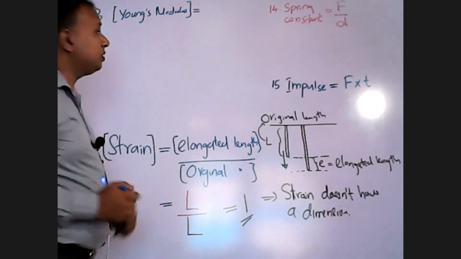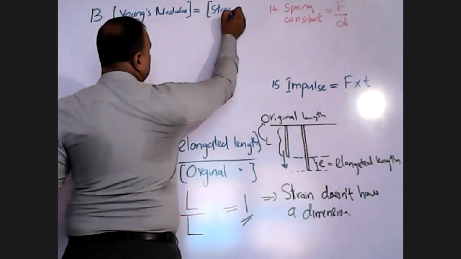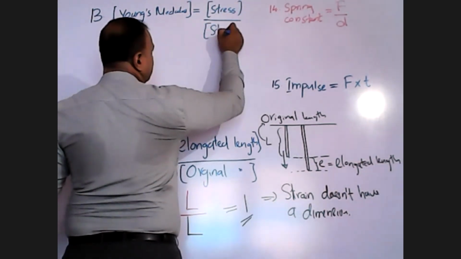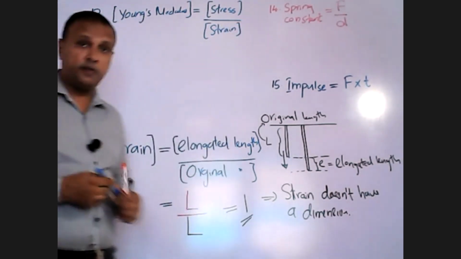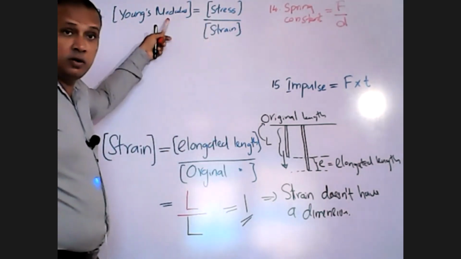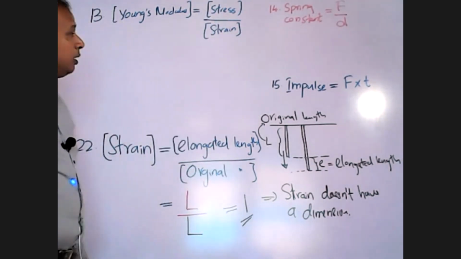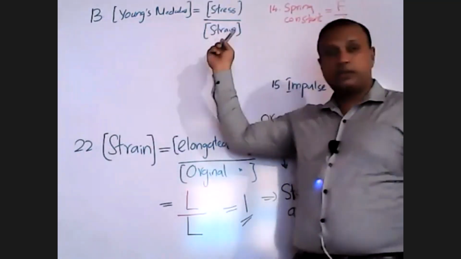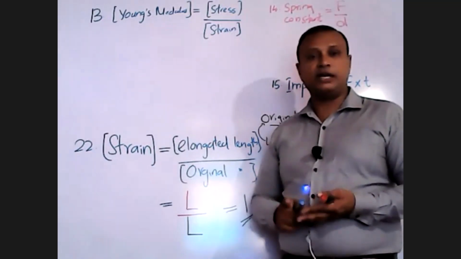Dimension of Young's modulus is equal to dimension of stress over dimension of strain, because Young's modulus is equal to stress over strain. Now you have to apply the dimension of stress and dimension of strain here and get the dimension of Young's modulus.